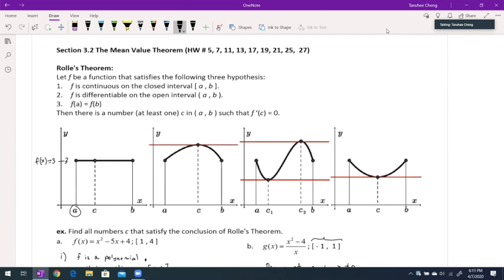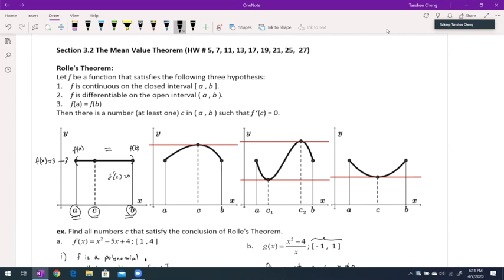Between a and b, it is continuous on the closed interval and differentiable on the open interval, and the endpoints f of a and f of b have the same value. So the three criteria are met, and Rolle's theorem guarantees there is at least one number c between a and b such that f prime of c equals 0.